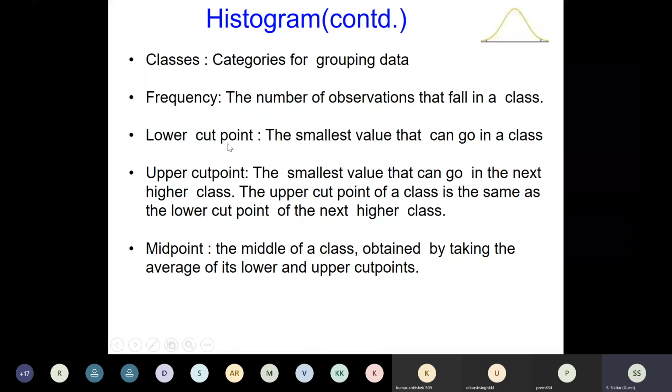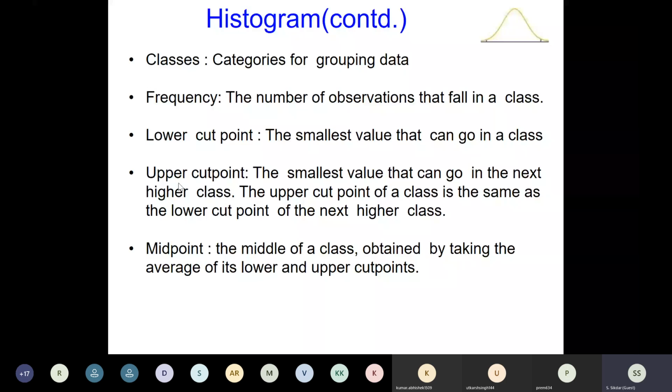And this class always has a smallest value and the highest value. The smallest value is called the lower cut point, and the highest one is the upper cut point. And it's not necessarily in each case that the intervals have to be the same.